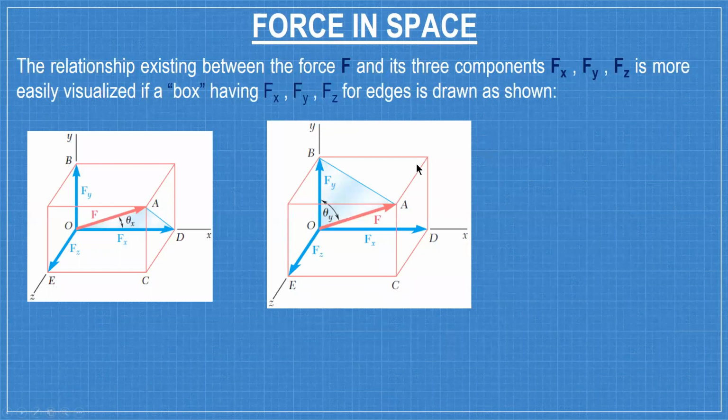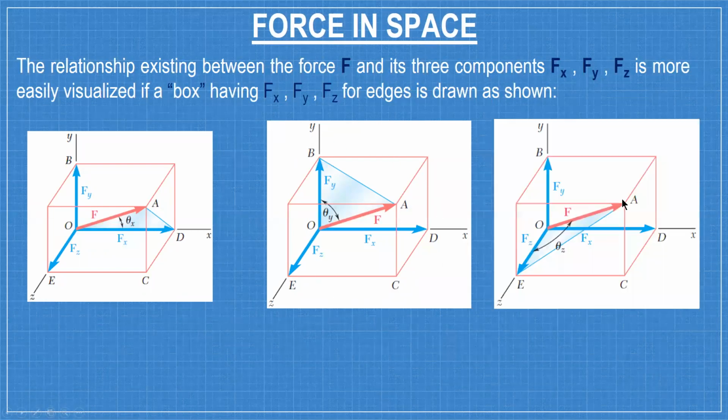First, let us consider this one and then also Fz. Now, let's go back to this one. This is 90 degrees. So, considering this right triangle, if x is the adjacent side, ED is the opposite side, and F is the hypotenuse. Using the trigonometric function cosine, we have Fx equal to F cosine theta x.